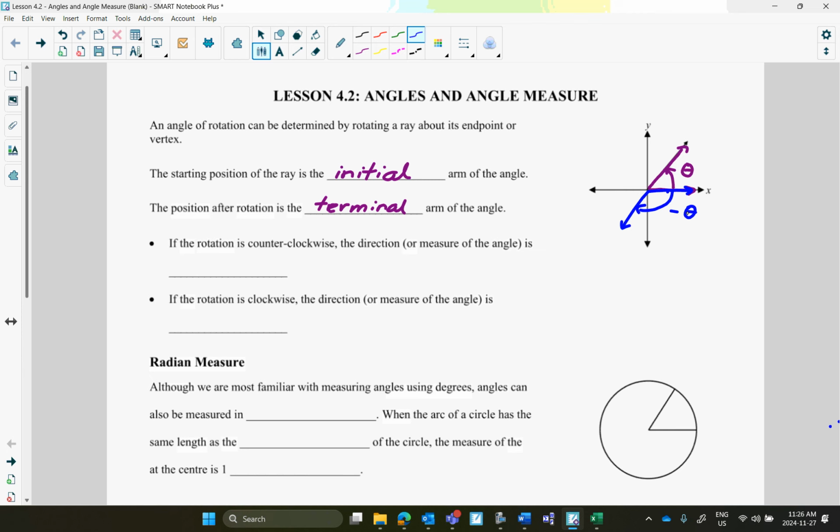So this is how the coordinate grid allows us to draw positive angles as well as draw negative angles. So if the rotation is counterclockwise, which you guys are used to, okay? The measure of the angle is going to be positive. But if we go in the other direction, it's going to be negative.